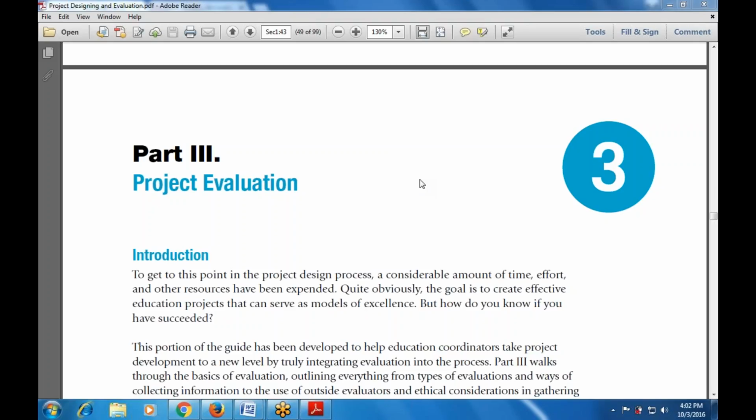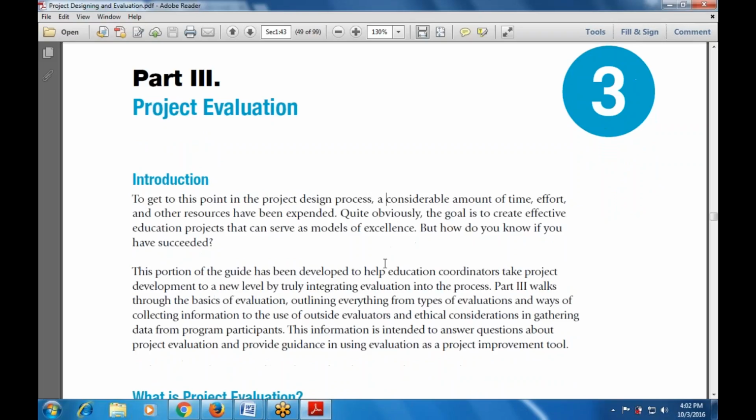This portion of the guide has been developed to help the education coordinator take project development to a new level by truly integrating evaluation into the process.